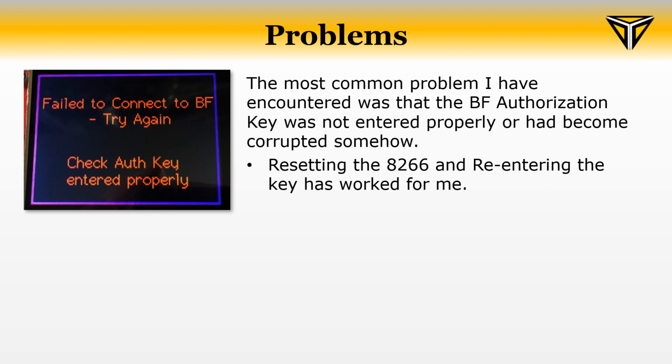The most common problem that I have found while testing was that the Brewfather authorization key didn't get entered properly or became corrupted in some form. My solution for that was resetting the 8266 and re-entering the key, which has worked for me.